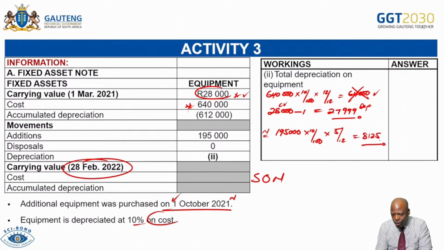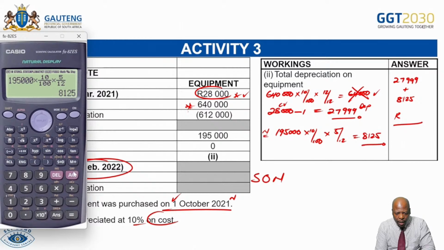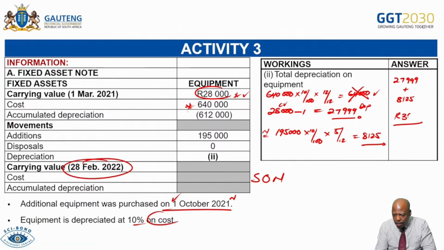So I'm going to add my 27999 plus my 8125. That's going to give me my total depreciation. Let's do that together. That is 8125 plus 27123. That's going to give me 36124.